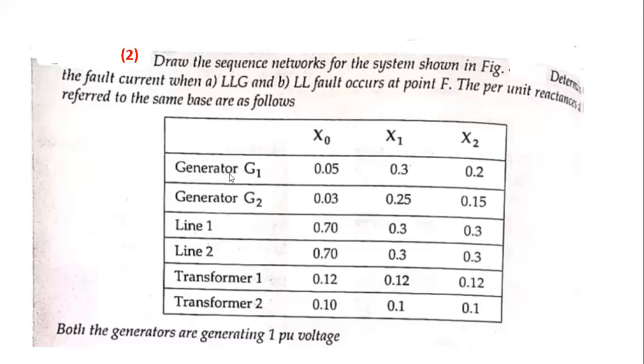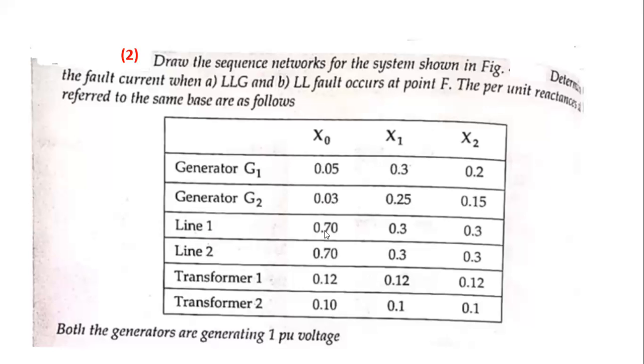For generator G1, the zero sequence reactance value is 0.05, the positive sequence reactance is 0.3 and the negative sequence reactance is 0.2. Generator 2 has zero sequence reactance 0.03, positive sequence reactance 0.025 and negative sequence reactance 0.15.